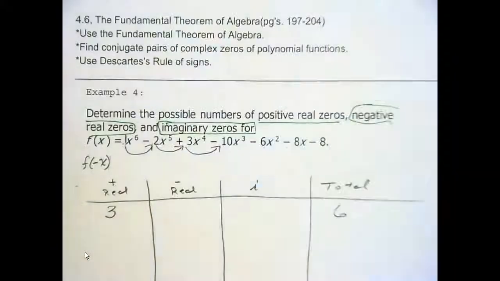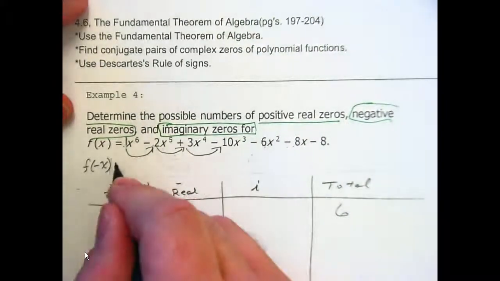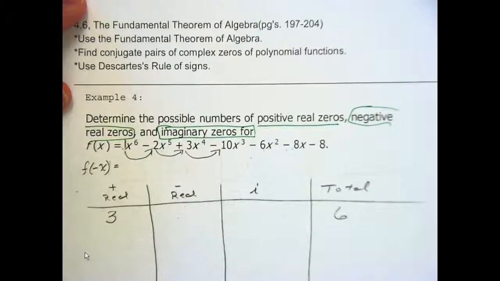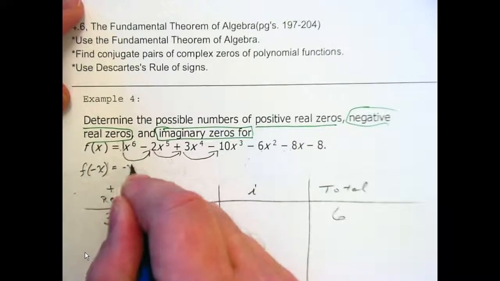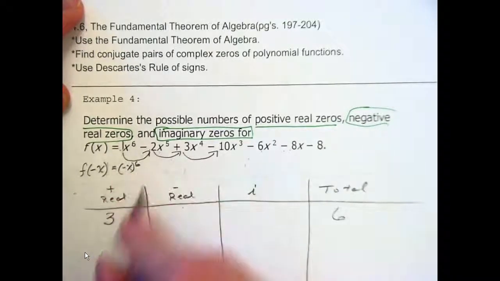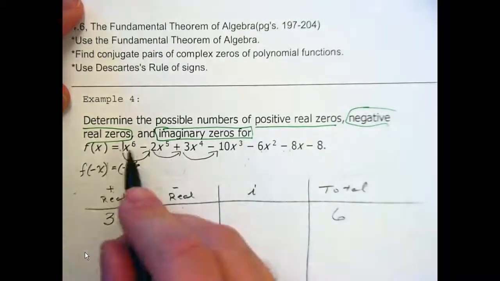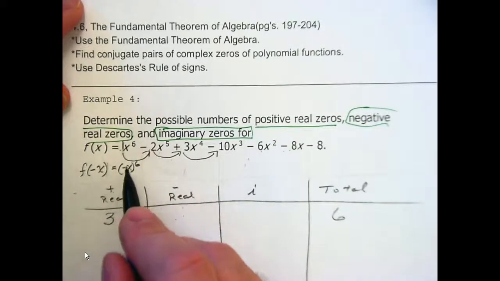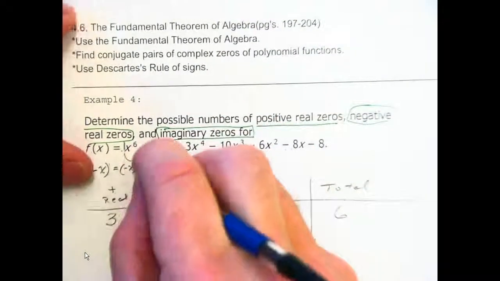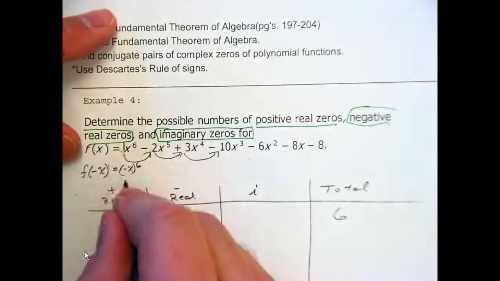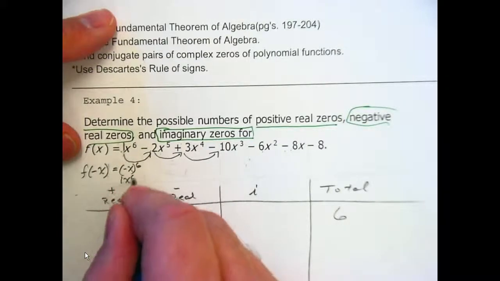And with f of negative x, you don't switch all the signs. Some of them change, though. When I put negative x in for x to the 6th, does it change my coefficient? No, because negative times negative times negative times negative times negative times negative is still positive. So when I put that in, I still get 1x to the 6th.